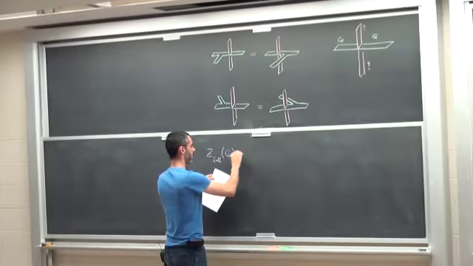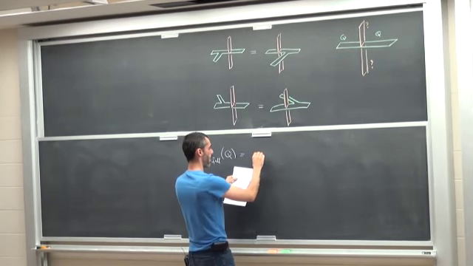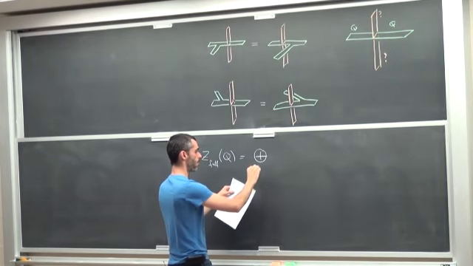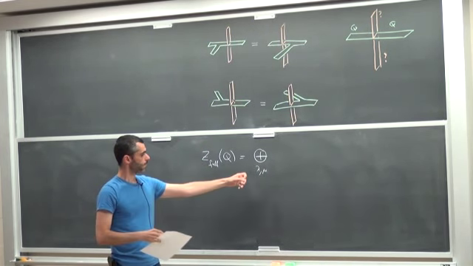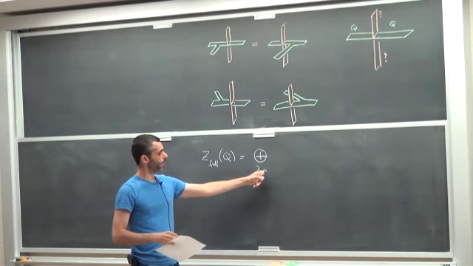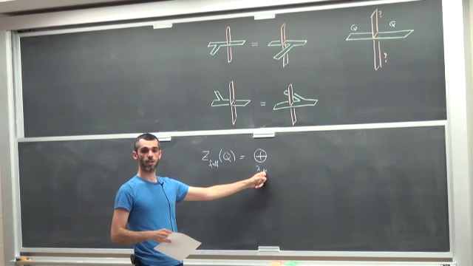And it's a little bit of an ugly expression. It's a direct sum over all, well, pick one irreducible object of each kind.